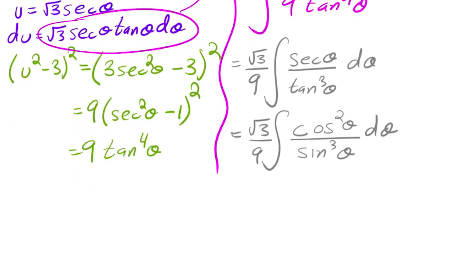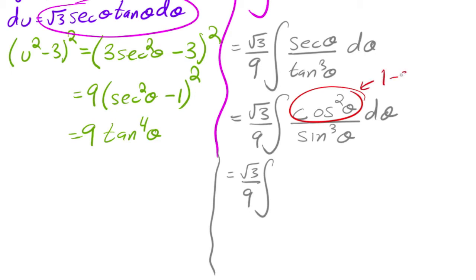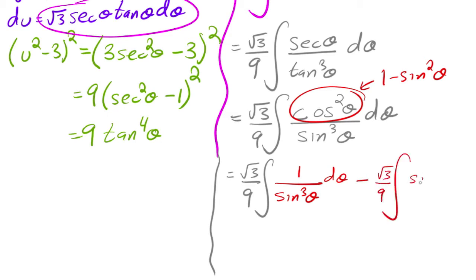It's not completely obvious, but you have cosines on top, sines on the bottom. But your best bet is probably going to be to use some trig identities. So how about if we switch this cosine squared for a 1 minus sine squared? Then you would have 1 over sine cubed theta d theta, and then minus root 3 over 9, the integral of sine squared theta over sine cubed theta d theta.